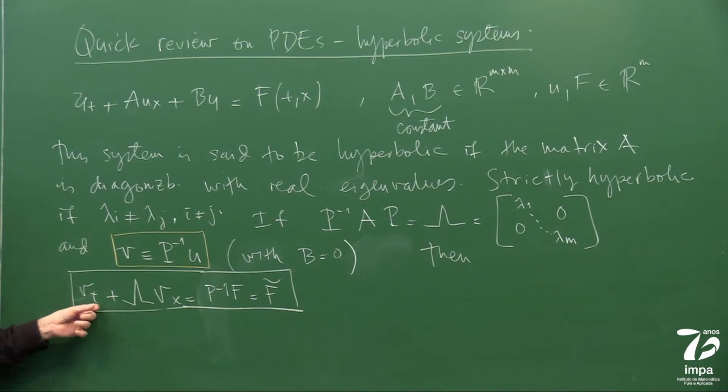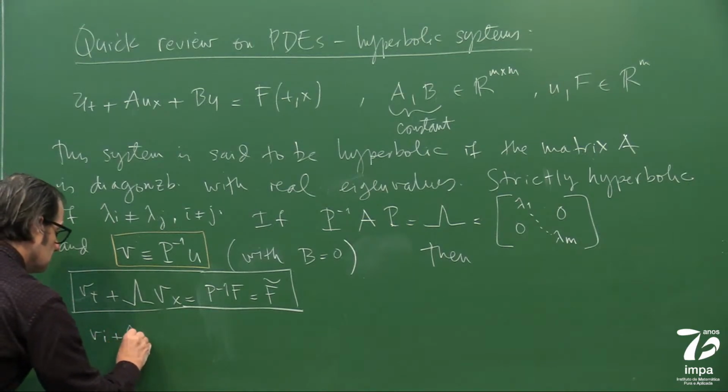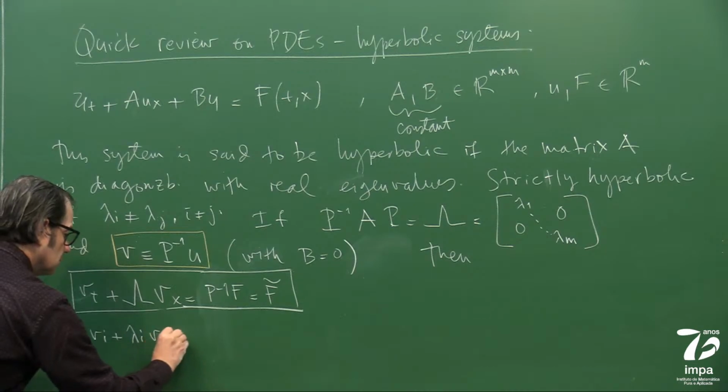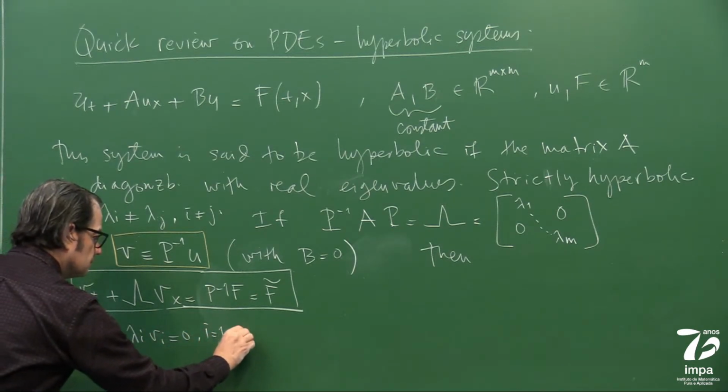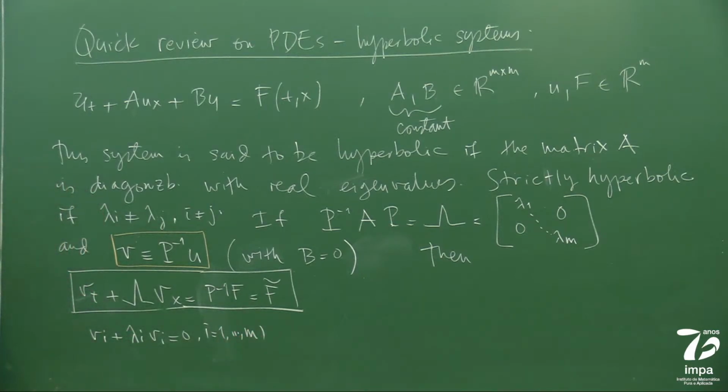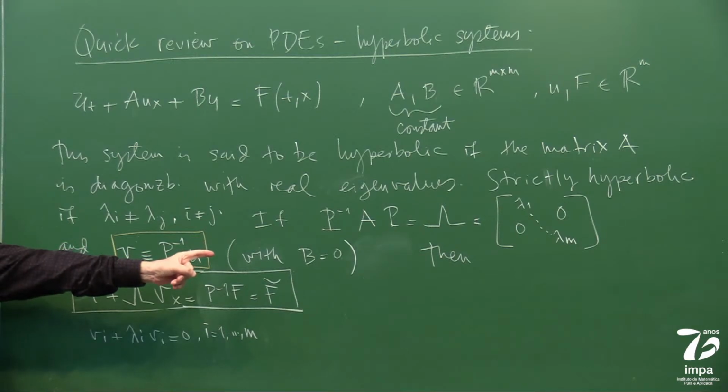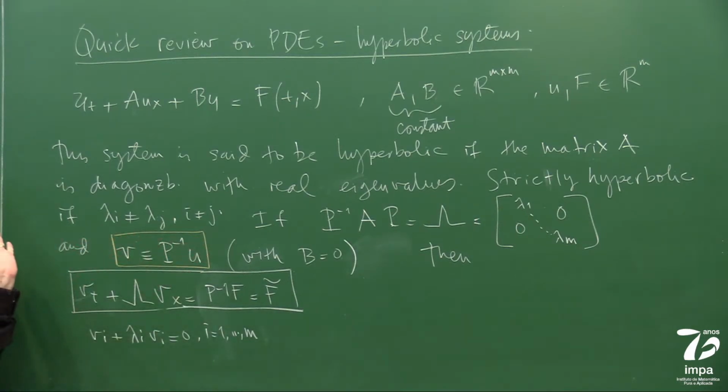If F is equal to 0 for the time being, this means that all modes decouple, right? V_1, so basically I have this equation here in parallel. If this is like a wave equation, I have M unidirectional wave equations that don't talk to each other.